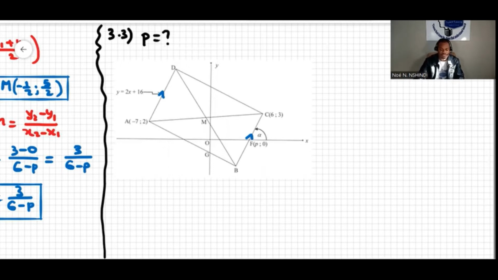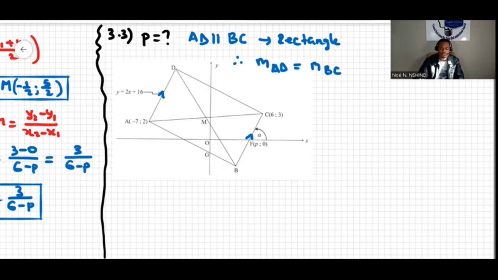So here AD is parallel to BC, the reason being that it's a rectangle or parallelogram. Therefore the gradient of AD must be equal to the gradient of BC.